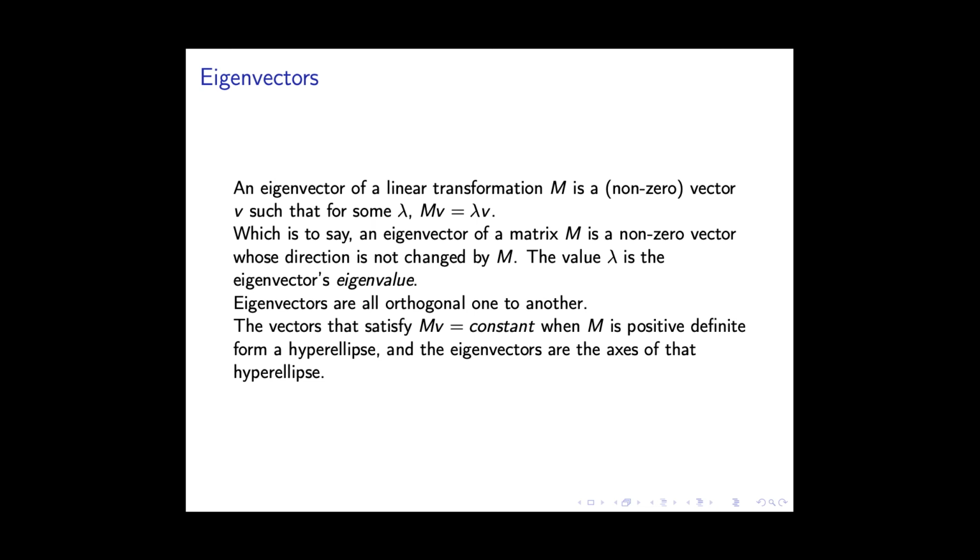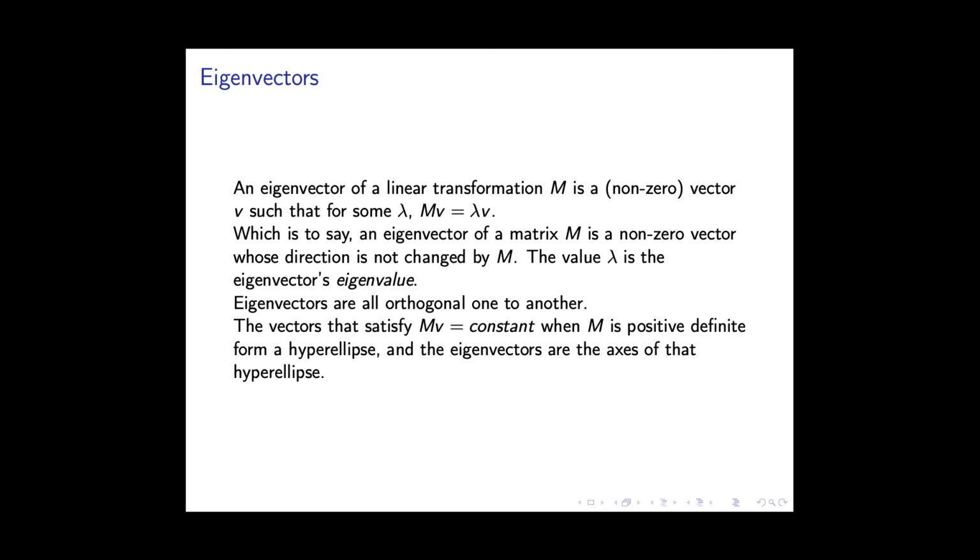Well, when M is positive definite, then those points form a hyperellipse, and the eigenvectors are the axes of that hyperellipse, and that's very helpful to think about at times.